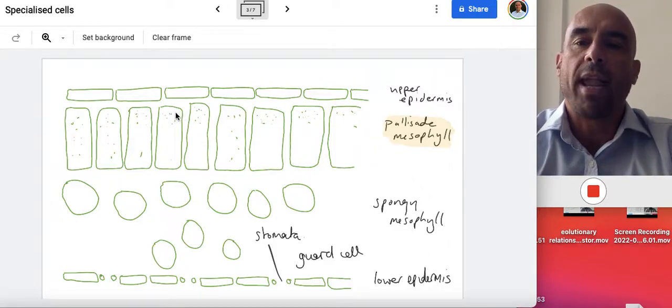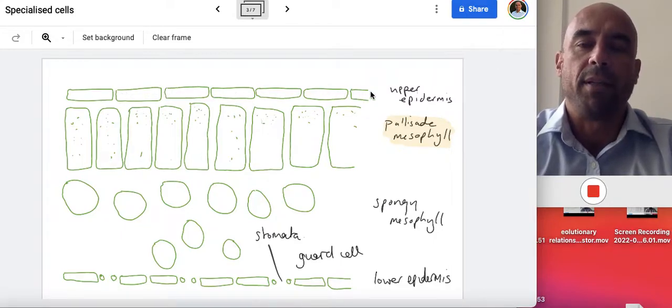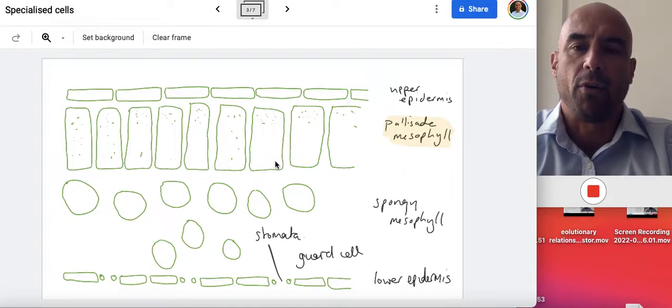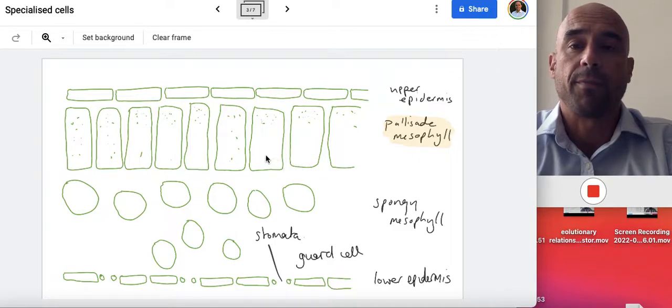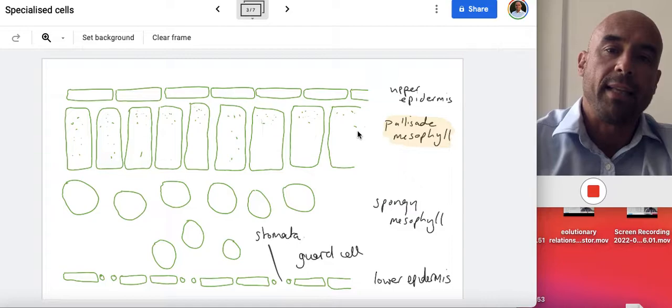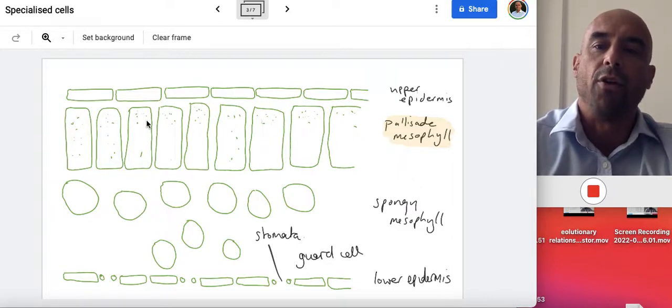They are arranged perpendicular or at right angles to the upper epidermis. What that means is all of the cells get maximum exposure to sunlight, because otherwise they'd be one on top of the other, and the cells at the bottom wouldn't get as much light for photosynthesis. And they are all arranged and packed very tightly together to make sure that no space is missed for photosynthesis.